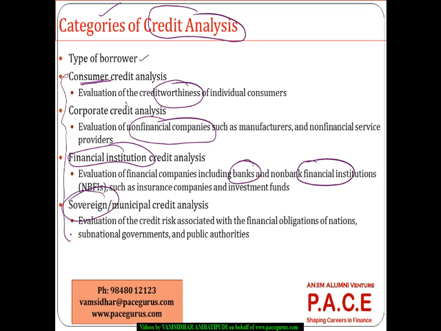And then when we talk about the sovereign or municipal credit analysis, we are talking about the country per se, or subnational governments like states, provinces, or state government kind of entities. So we are doing a credit analysis of these different parties, which comes under the sovereign or municipal credit analysis.